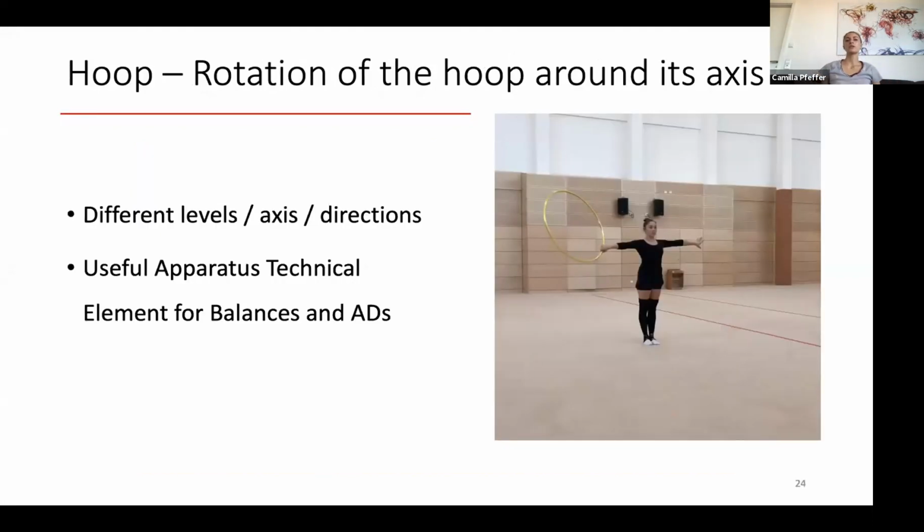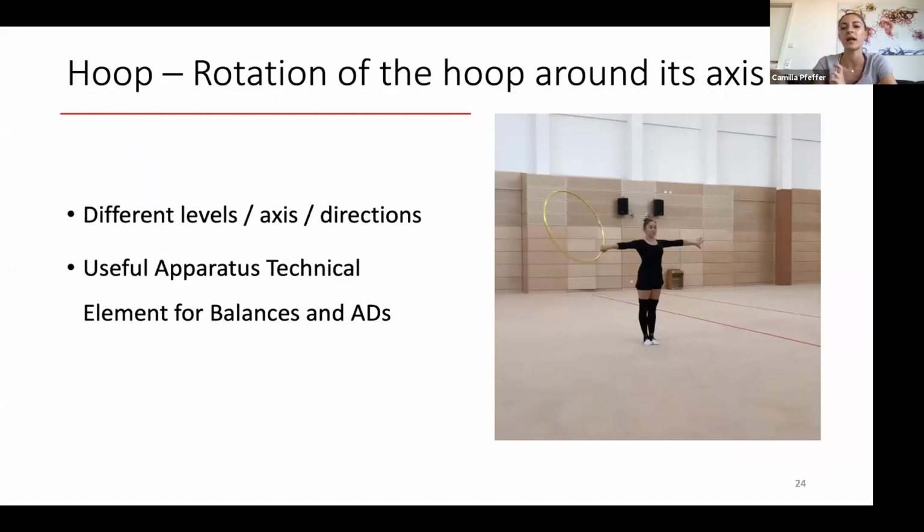Then there's a rotation of the hoop around its axis, and it can also be performed in different levels, axes and directions. It's very useful for balances, for example, most gymnasts will do it in balances, penché balance with this rotation around its own axis, very common, because it does not take too much time and you can execute it very well.